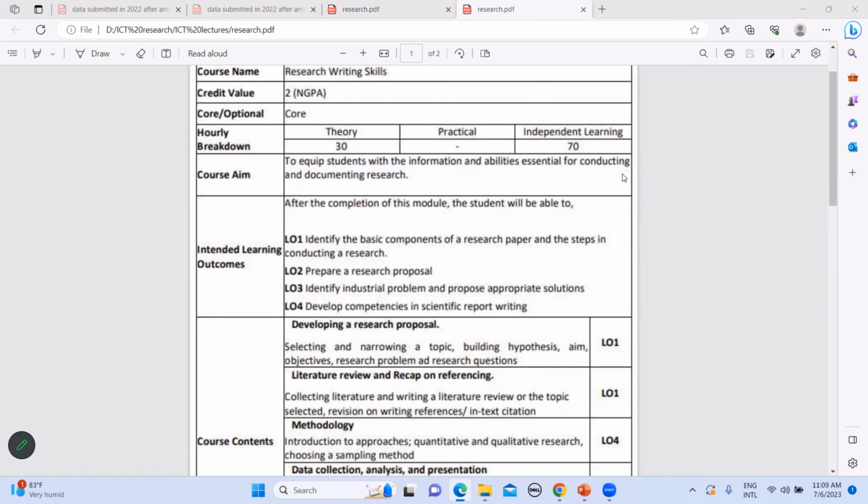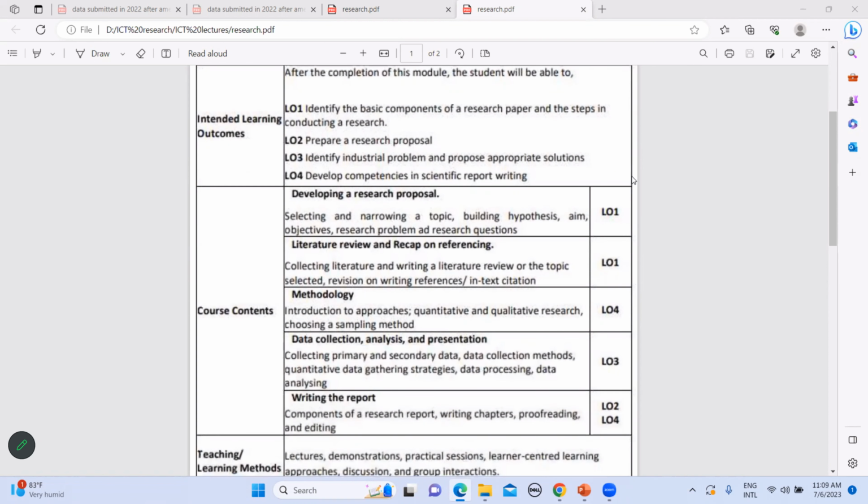So therefore, you have these components: research problem identification and the proposal, literature review and referencing, methodology, data collection, writing the report, and the research paper, right?